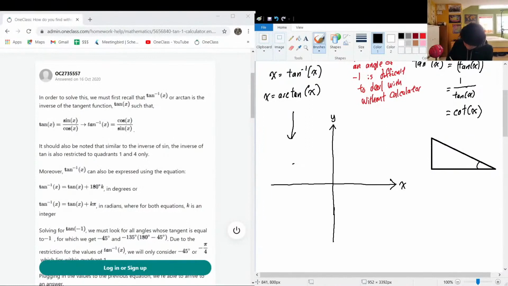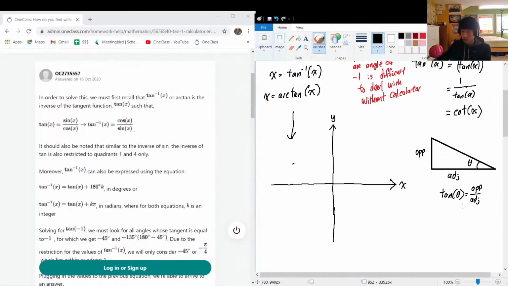And suppose here we have our theta angle, here we have our opposite, here we have adjacent, and we know that tan theta is equal to opposite over adjacent.